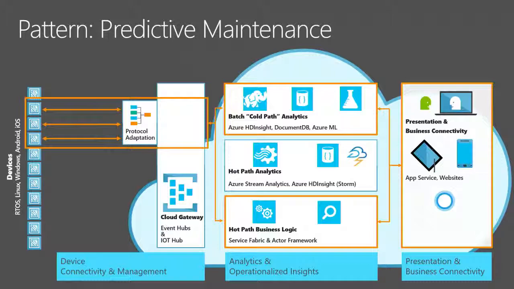We do Service Fabric in order to apply some business logic to that data. And then, of course, maybe present it in front of Cortana Analytics or a cell phone, or other. I think Cortana is probably a really good way of managing this. This is for predictive maintenance.